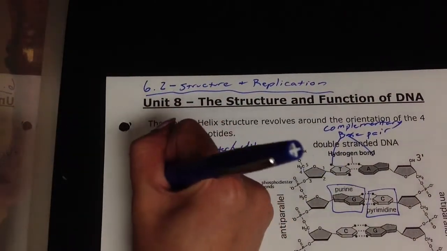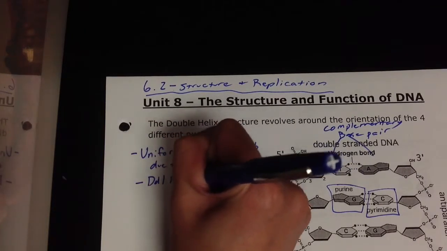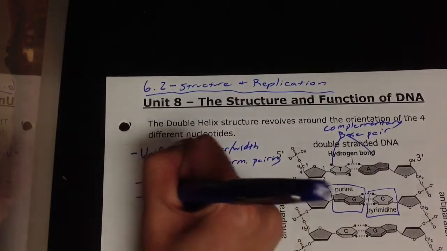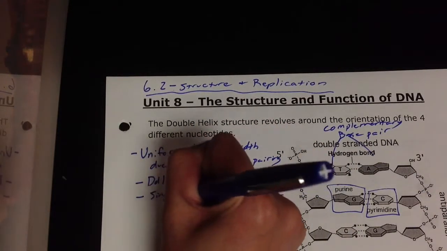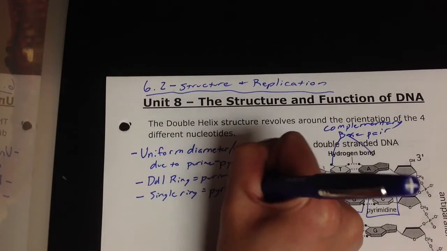And just to sum up what we've just said, we have a double ring, that's going to be our purines, and our single rings are going to be our pyrimidines.